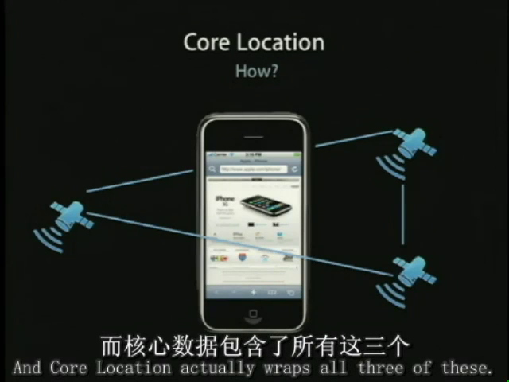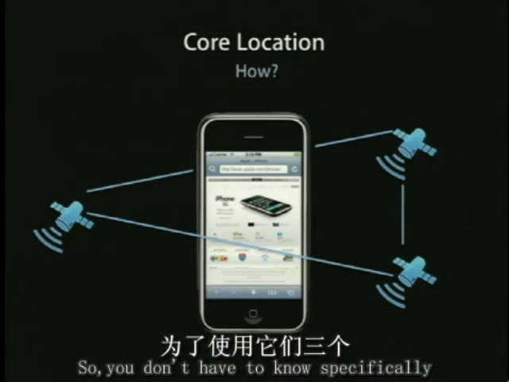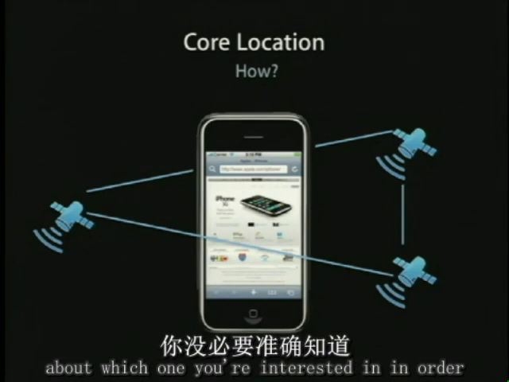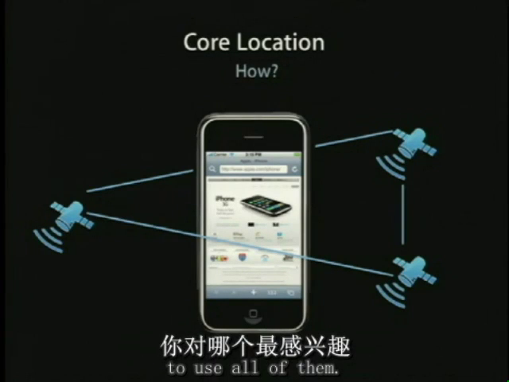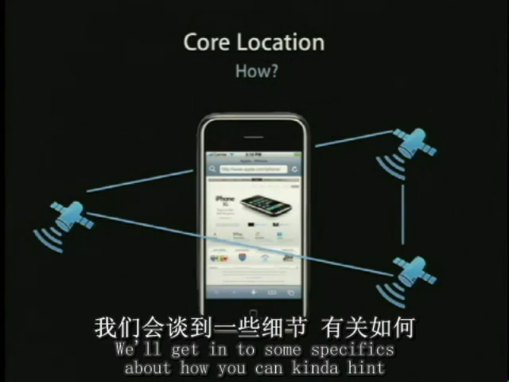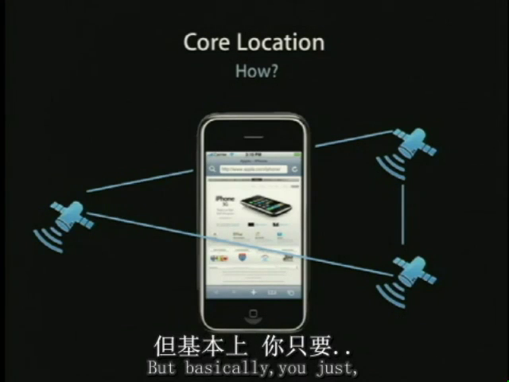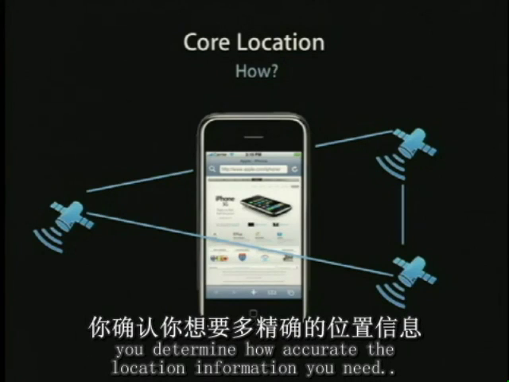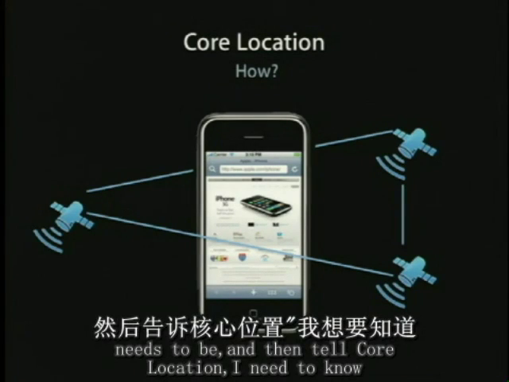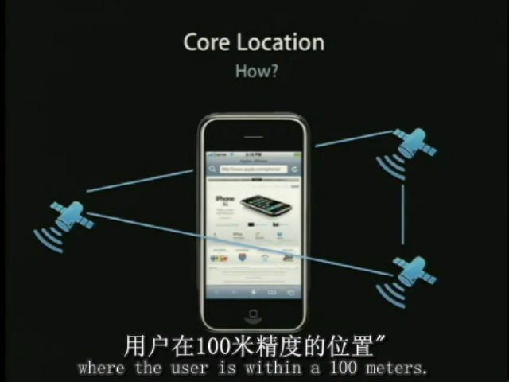Core Location actually wraps all three of these, so you don't have to know specifically which one you're interested in in order to use all of them. We'll get into some specifics about how you can hint to Core Location which one it should use. But basically, you determine how accurate the location information needs to be, and then tell Core Location, I need to know where the user is within 100 meters.